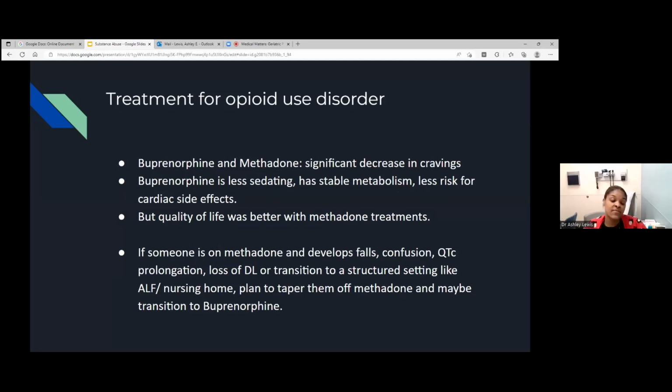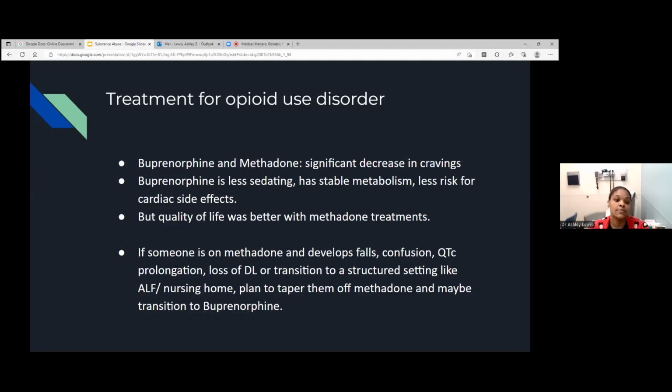So there are several different types of treatment. If you want to do a medication-assisted treatment for opioid use, you can use buprenorphine or methadone. It causes a significant decrease in cravings. Between the two, buprenorphine is less sedating, has stable metabolism, and less risk for cardiac side effects.